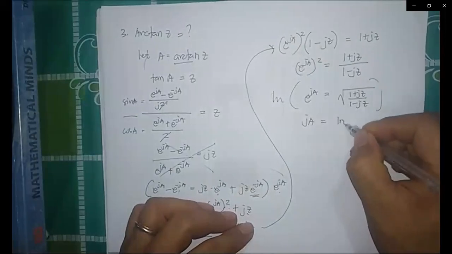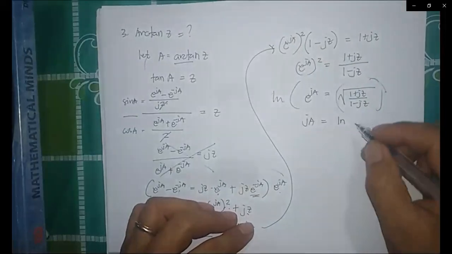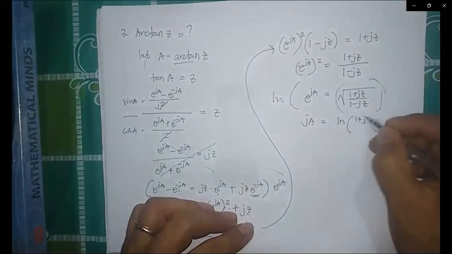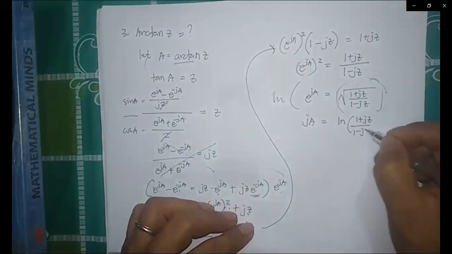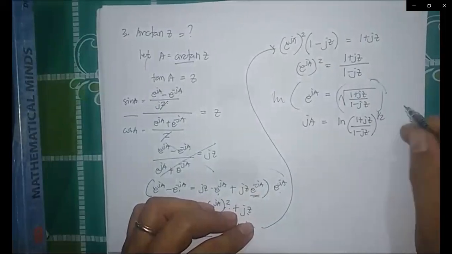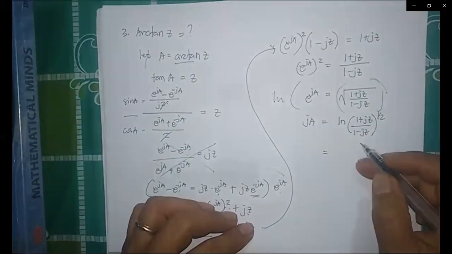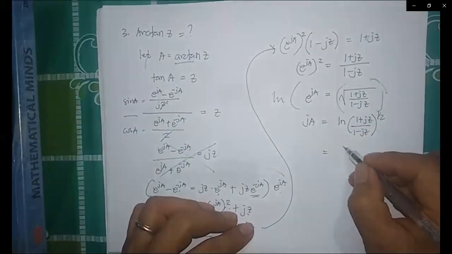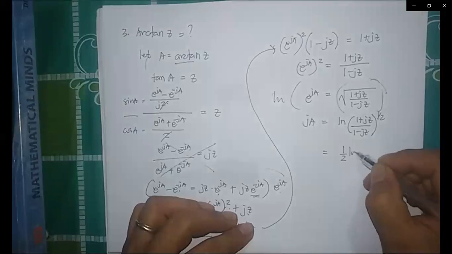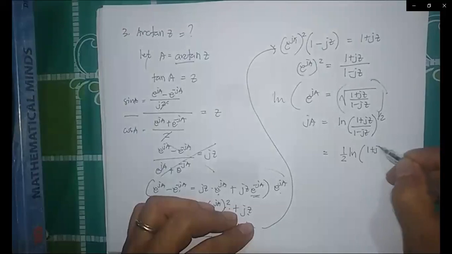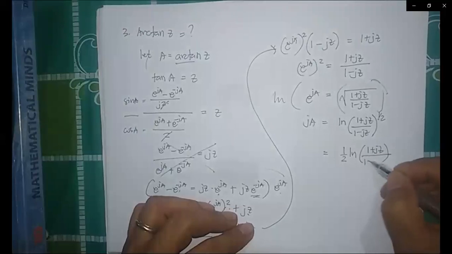And then if we take the logarithm of both sides of the equation, I will transform the root sign to the power sign so that we can apply the laws of logarithm. So for power, if you are taking the logarithm of a function raised to a power, that is the power multiplied by the logarithm of the function.